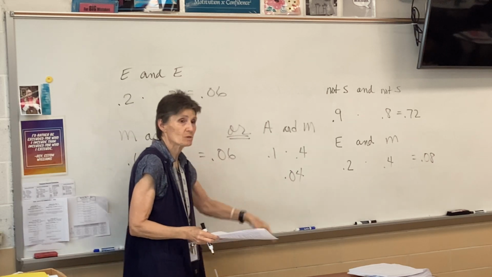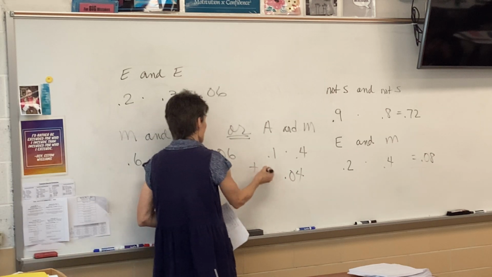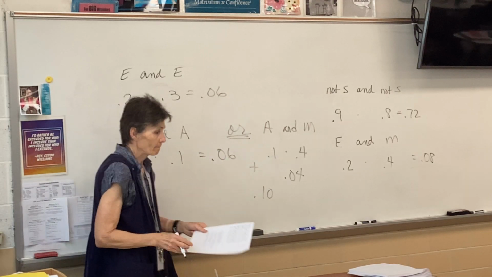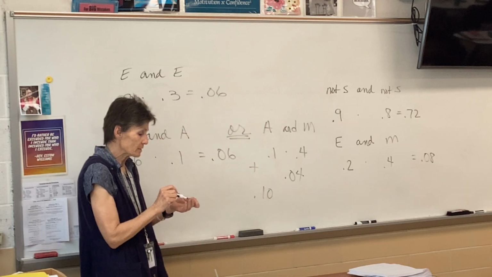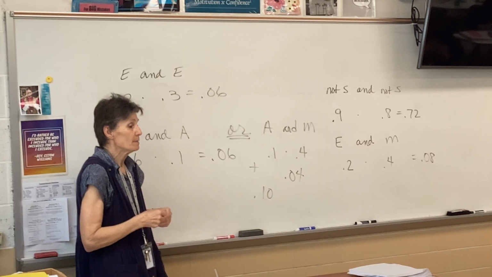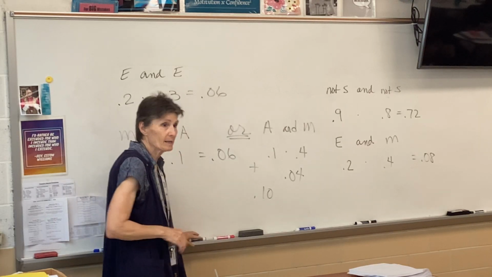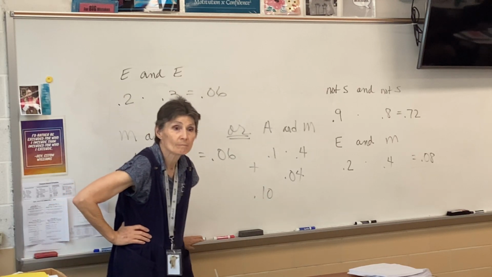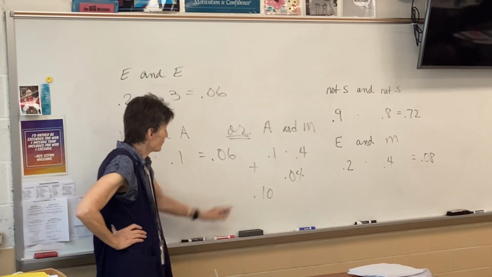What do I do with those? Add them. So the answer is 0.10. Do you see the difference between problem B and problem D? Where did you just do the last problem at? What? Where did you just write all the stuff for the last one? Right here. Oh.